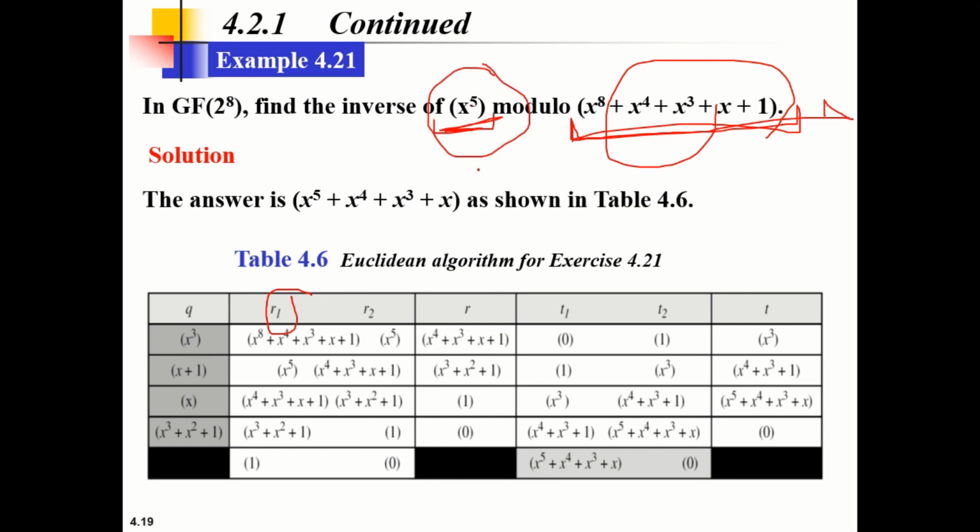You'll be dividing them, you'll be getting a value q and then r, and this process goes on, right? So here you are getting 1, that means the multiplicative inverse you can find. Okay, so again this process, and at this last step we get the multiplicative inverse of x raised to 5.